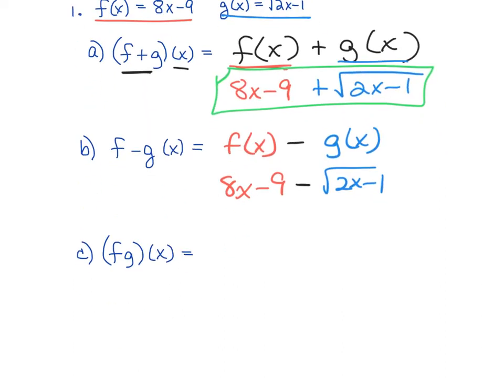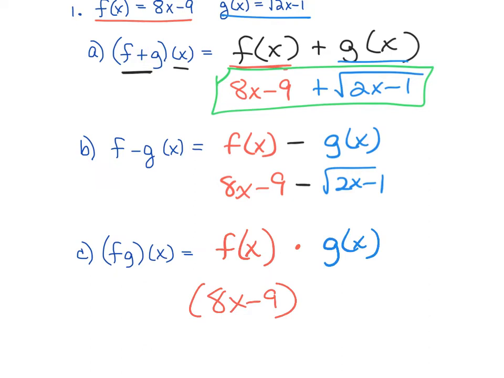But again, I'm just going to show that it's going to be f of x times the g of x. So I'll put them in parentheses, 8x minus 9 times 2x minus 1. And again, I'm not going to distribute anything. I'm just going to leave it like that for right now.